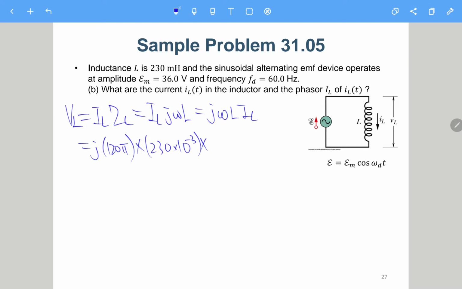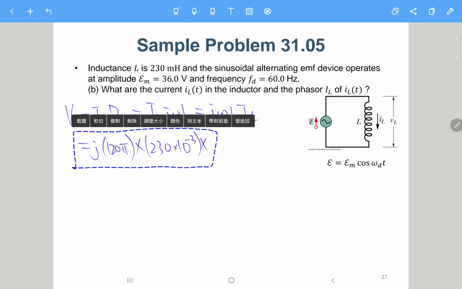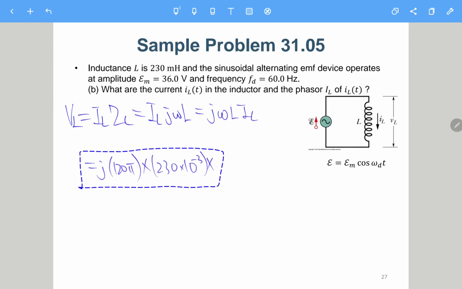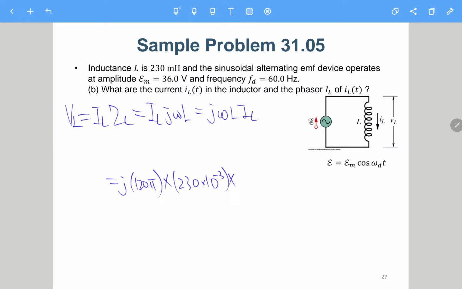Okay, so actually we would like to find IL rather than VL.